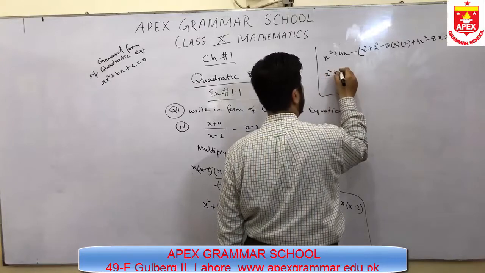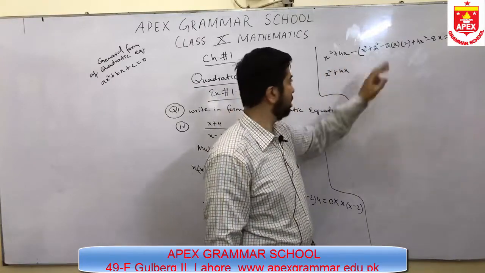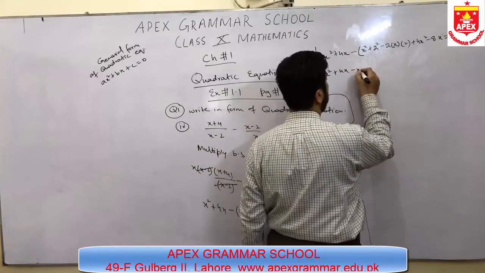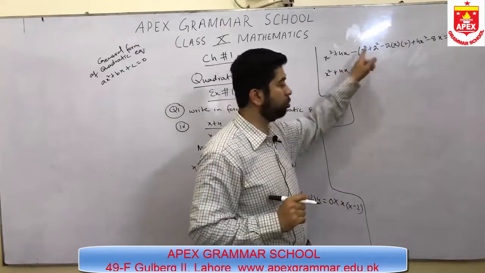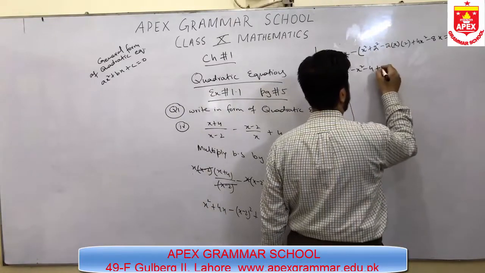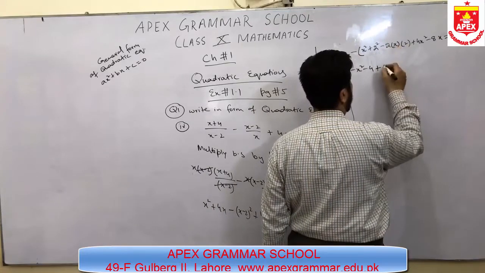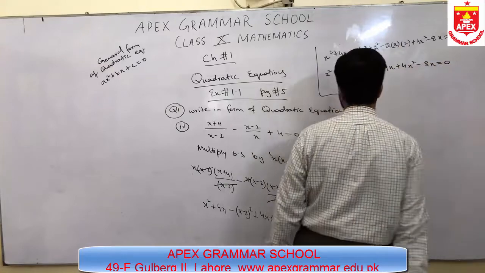After that x square plus 4x, just multiply inside the minus sign, like minus x square, and you know that 2 square is equal to 4, so minus into plus, that is minus 4, and minus into minus is plus. Now 2 2s are 4, 4x plus 4x square minus 8x is equal to 0.